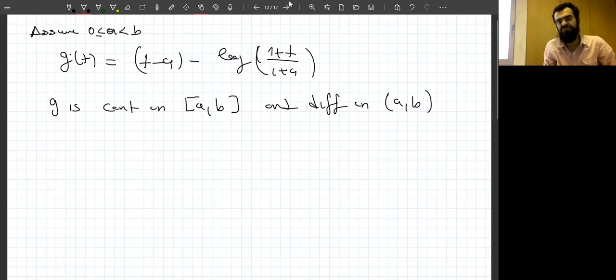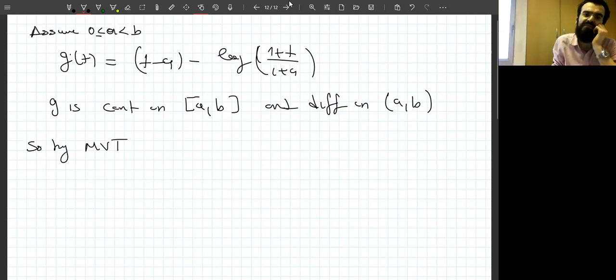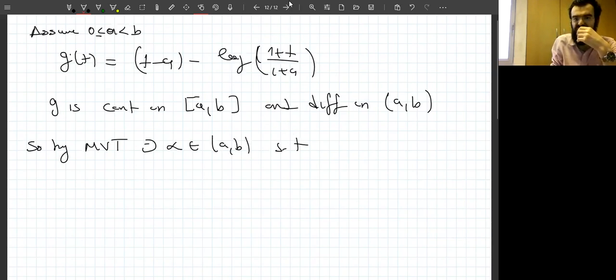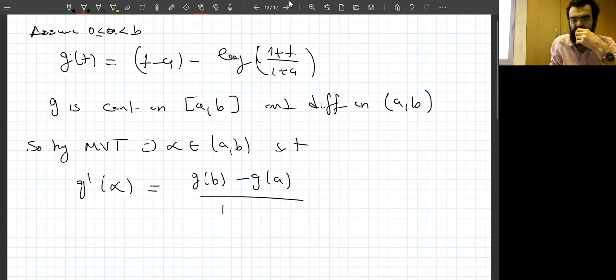So by the mean value theorem, there exists alpha in a b such that g prime alpha is g b minus g a over b minus a.